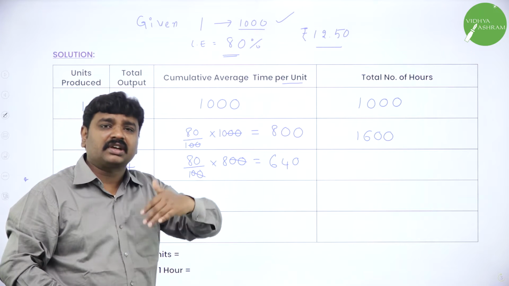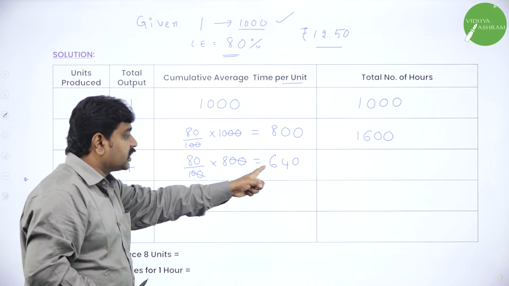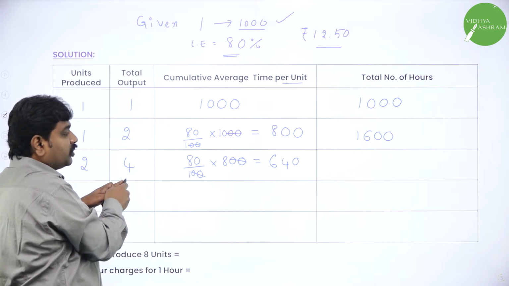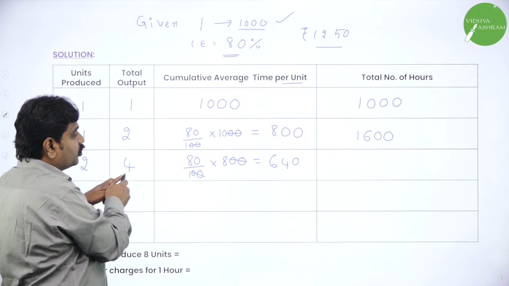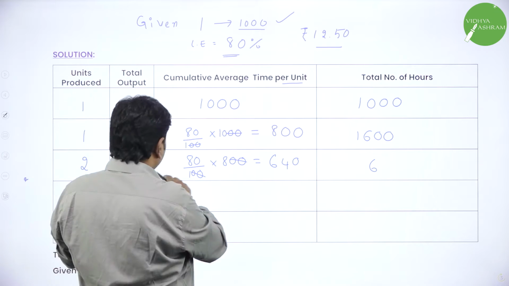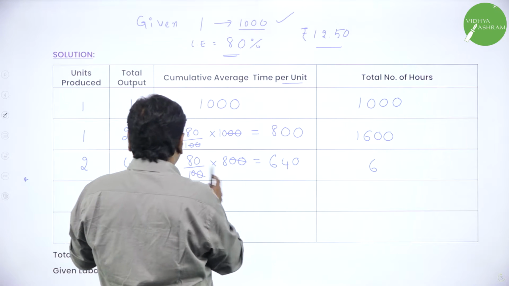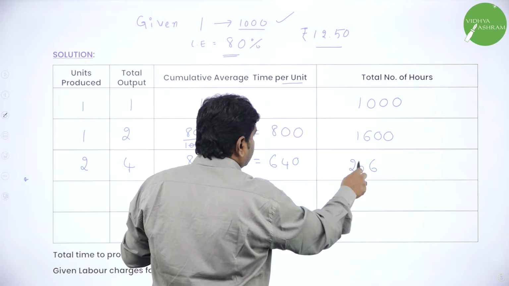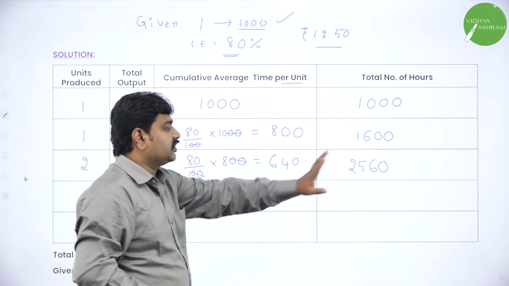As I learn, the time taken will become less. Now 640 hours for 1 unit, and how many units am I producing? See the output. Output is 4 units. So multiply 4 by this: 640 into 4. 4 4s are 16, carry 1. Then 6 4s are 24, 24 plus 1, 25, 0. So 2560 hours.